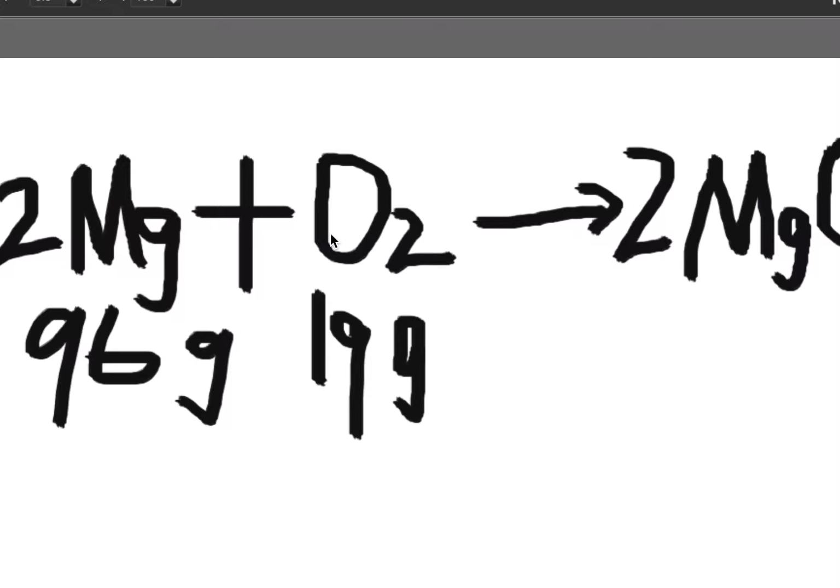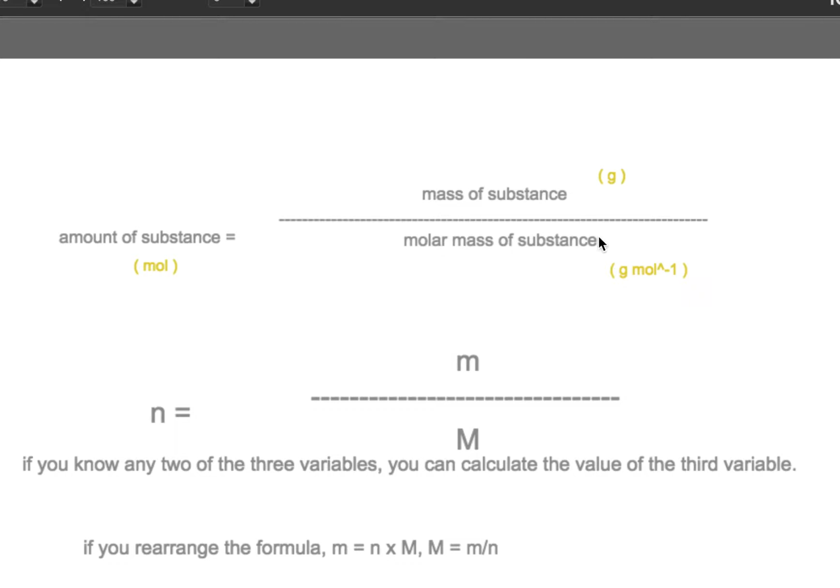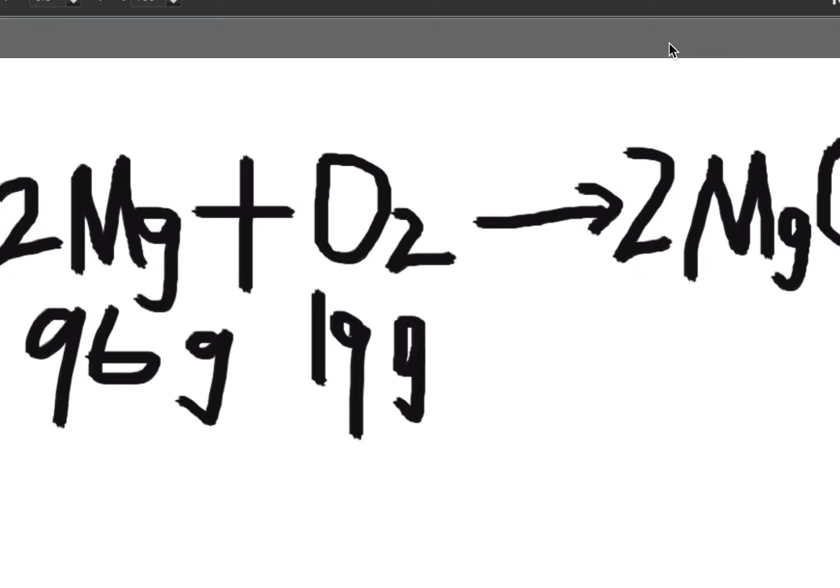And you then apply this formula over here and times it by 32, because the molar mass of oxygen is 16 times 2, which is 32, and you get 32 grams.